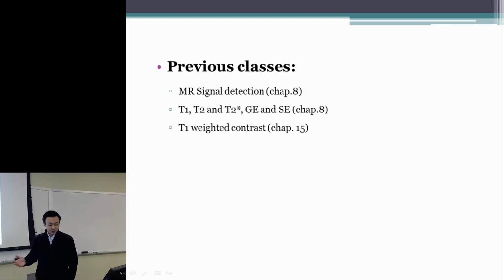The most important is the T1 weighted contrast concept introduced in chapter 15. There are also other related topics, for example the RF pulse in chapter 16. If you are interested, you should also review those chapters to better appreciate the concepts introduced in this chapter.